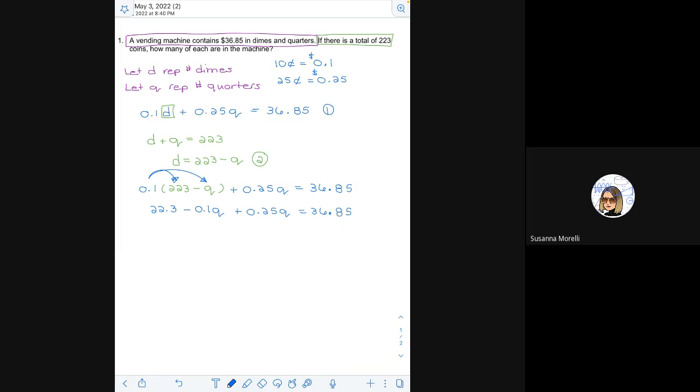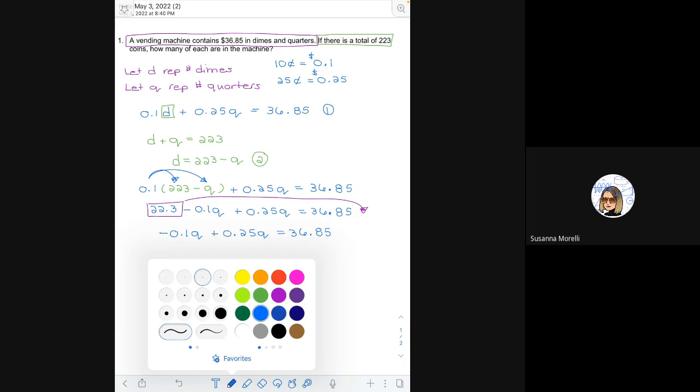Now we're going to bring this 22.3 over to the other side of the equal sign because it doesn't have the variable Q. Everything on the left is going to have a variable Q, and everything on the right is not going to have Q. I'm going to do extra steps here just so that you see every little step I do.